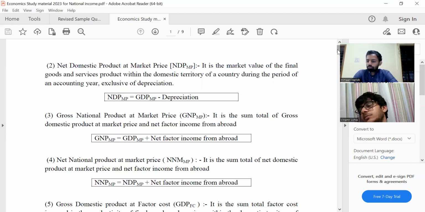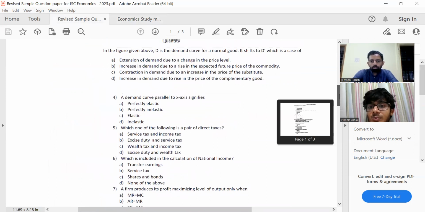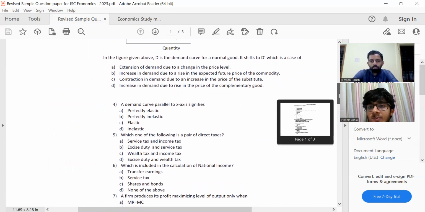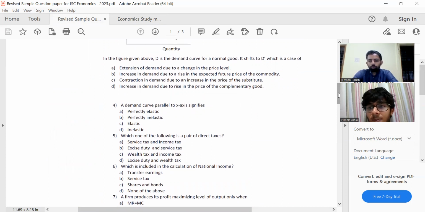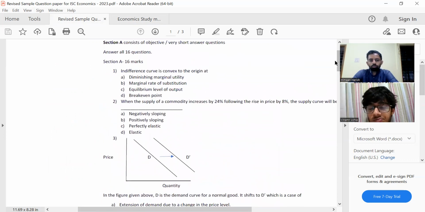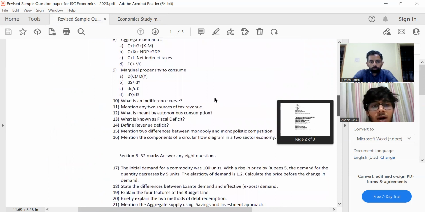So in the question paper, I had made some of the questions from the syllabus, and some of the questions were borrowed from AglaSem. According to the weightage, the marks for theory of income and employment were 12, I had calculated.